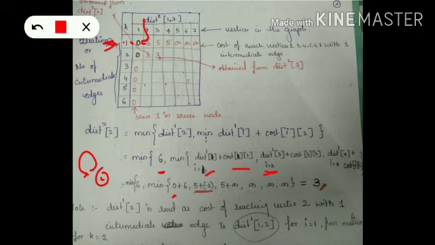So this time dist raised to 1 of 3, I will obtain it from the first iteration. Reaching vertex 3 here is 5 plus cost of 3 to 2, I'll get it from the graph. I have an edge from 3 to 2 which has a negative value, minus 3. So here I get it as 5 minus 3, which is 2.